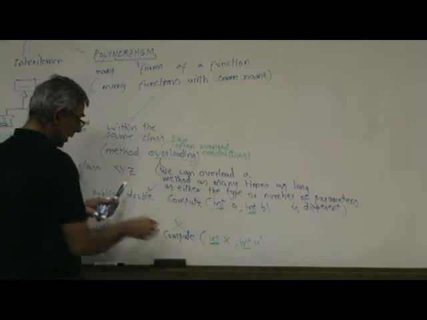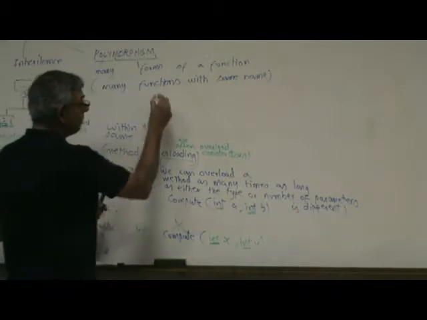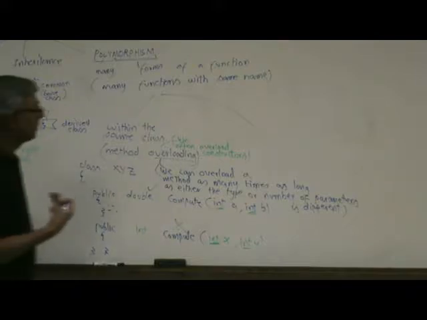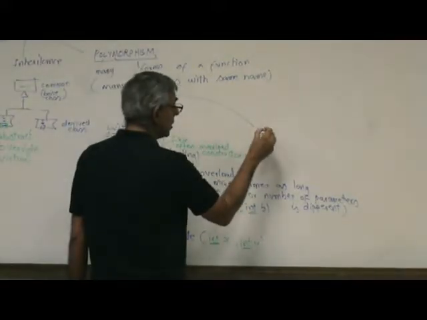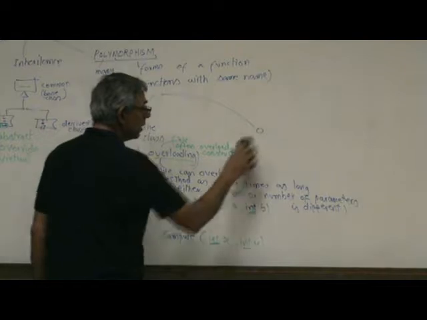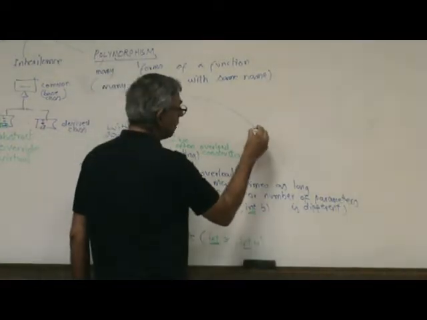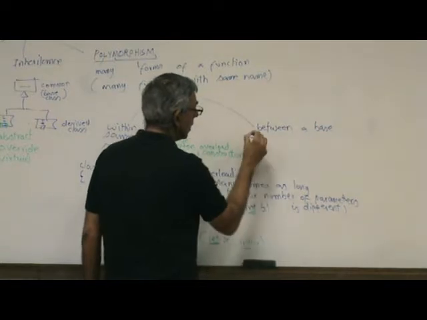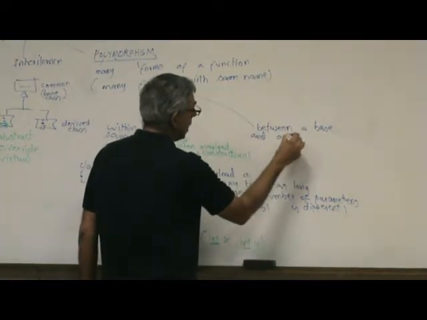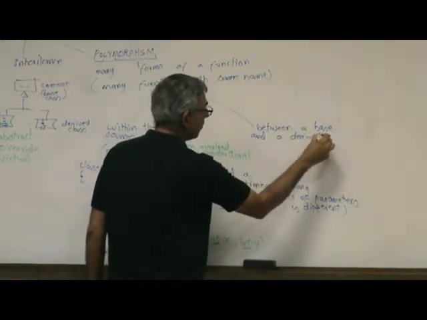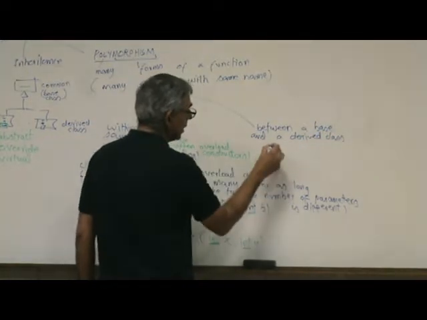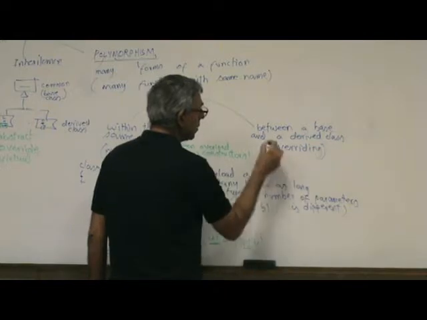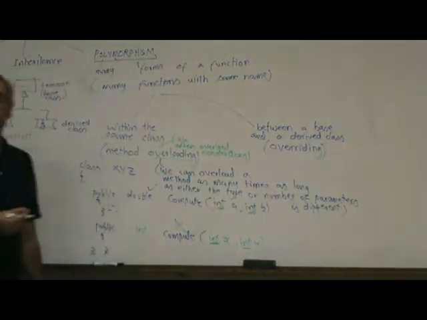Now let's take a look at the tricky form of polymorphism, or the more useful form, and that occurs when we are between a base and a derived class. This is called overriding, basically. So it occurs whenever we run into overriding.